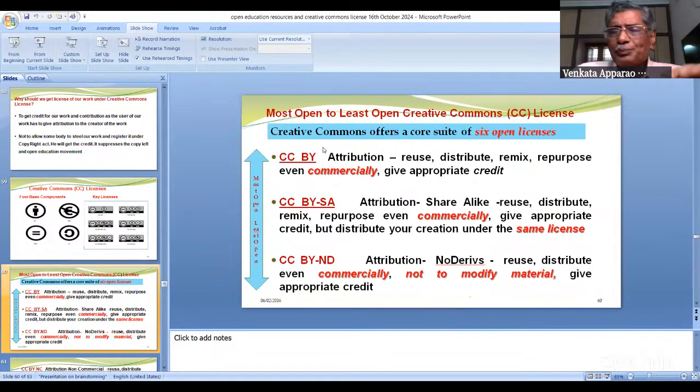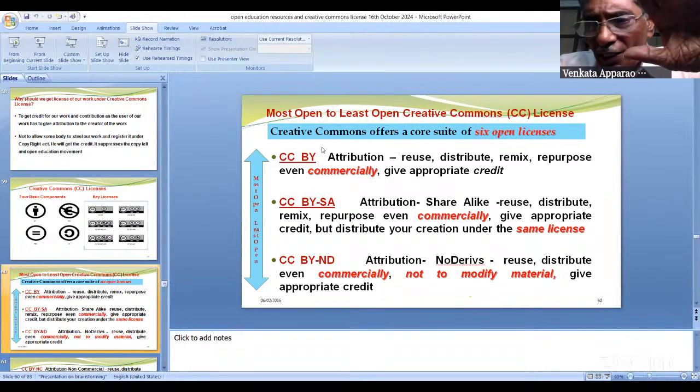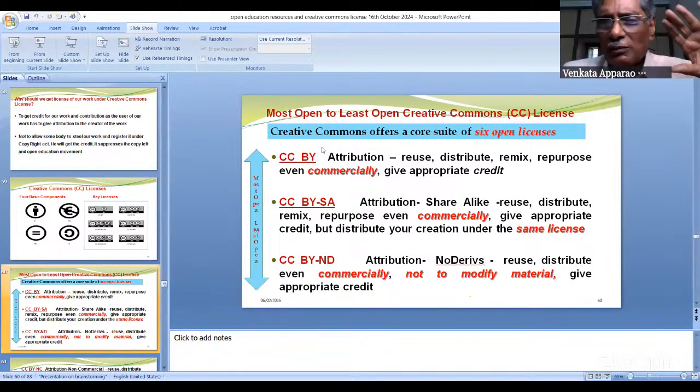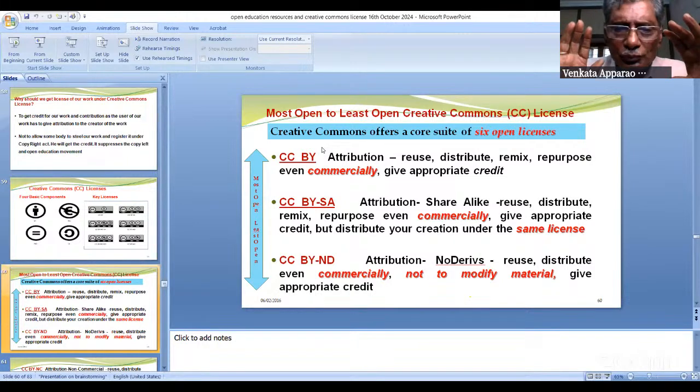CC BY, under licensing. I will take an article as an example, published in Wikipedia or Wikimedia. CC BY is mentioned there. The author's name is given, and it is mentioned CC BY.